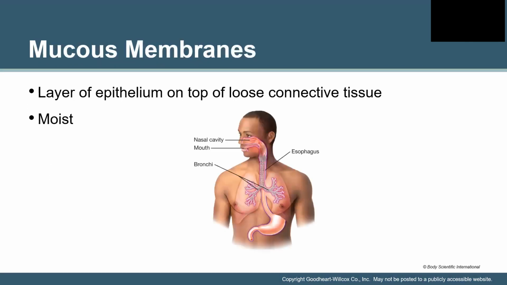Within that mucous membrane category, this is where we find a layer of epithelium on top of a layer of loose connective tissue. And if you want to refer back to your Chapter 3 to get your head wrapped around, again, what loose connective tissue is. Within a mucous membrane, there has to be an element of moisture.